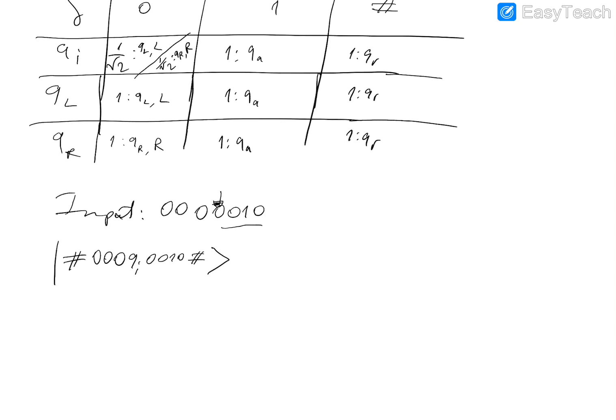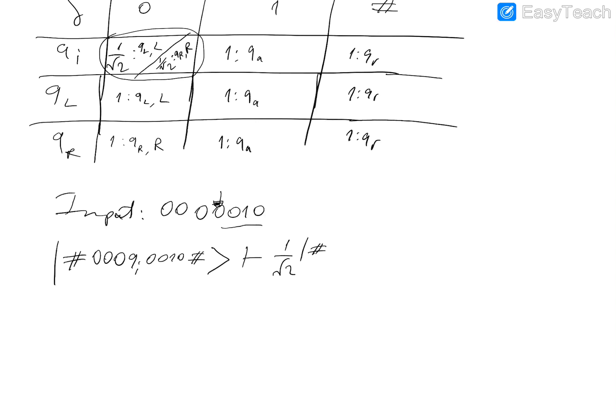This yields a superposition, right? Because the input that we're reading is 0, so we will have this option. With amplitude 1 over square root 2, we go to the left, and we change our state to QL.